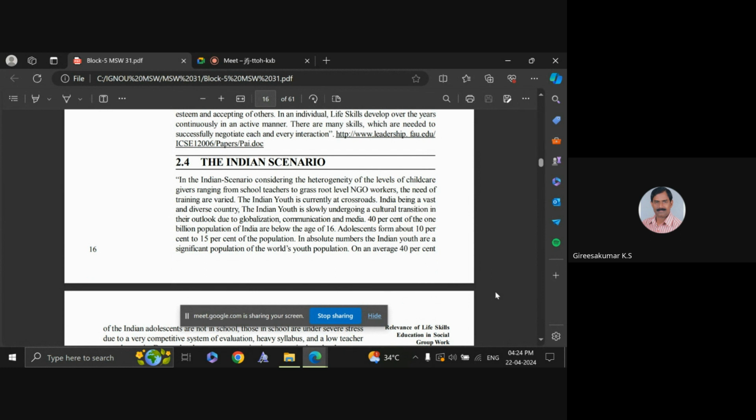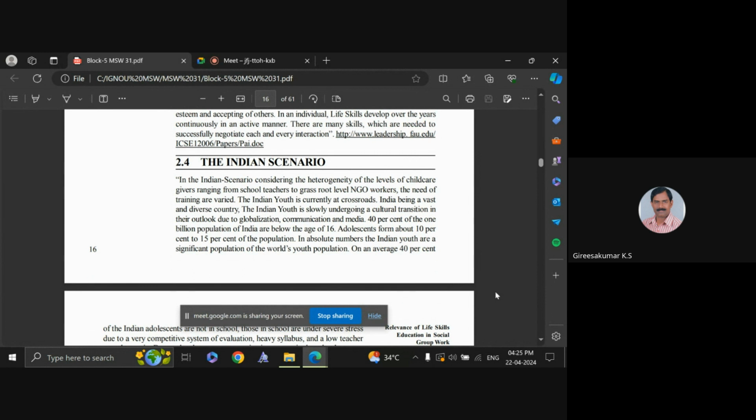The Indian scenario. That is heterogeneity of the levels of child caregivers, ranging from school teachers to grassroots level NGO workers. The needs of training are varied.